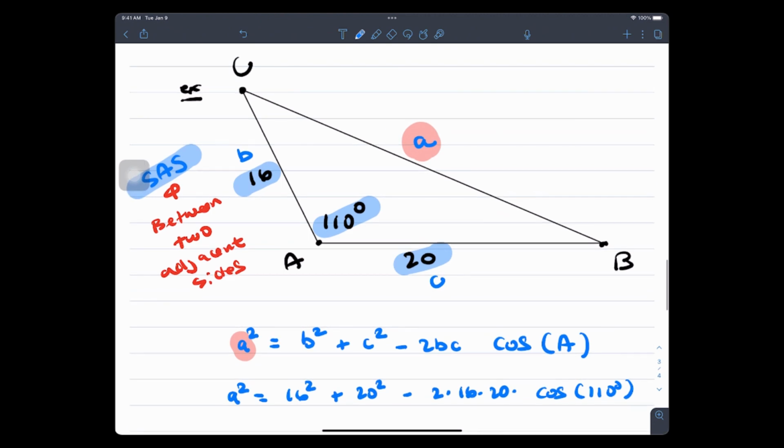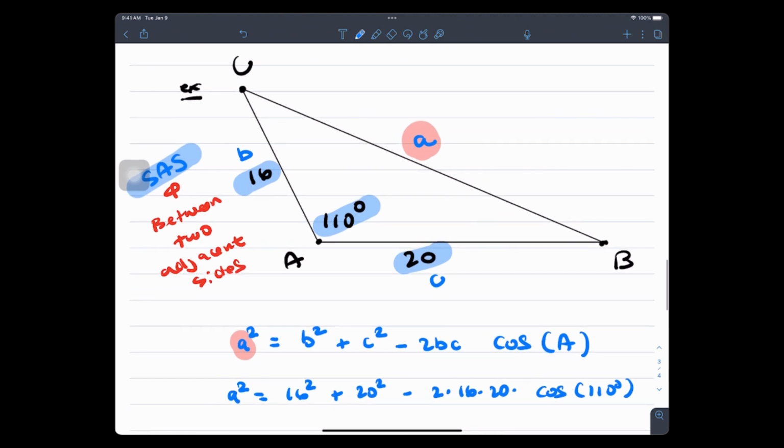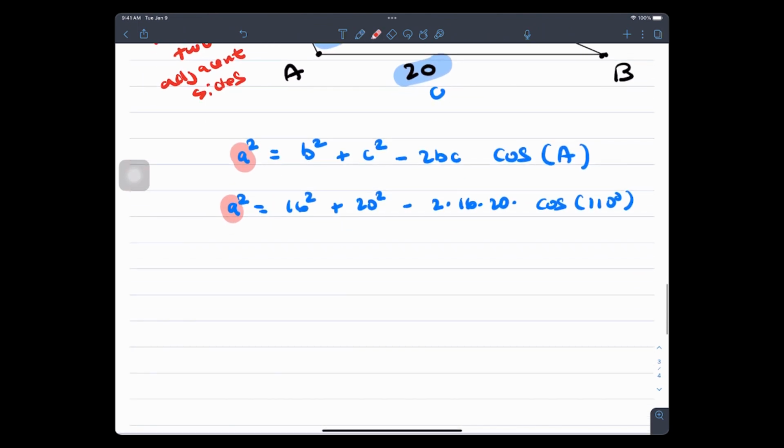Okay? What is A? A is the square root of what? All of this.